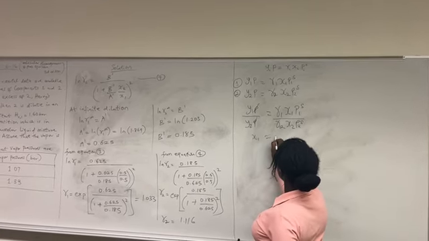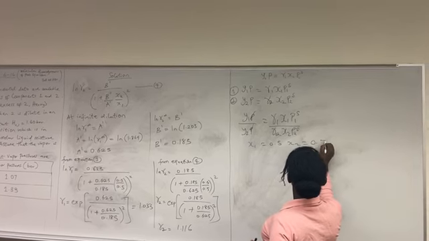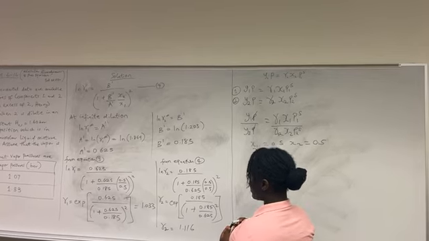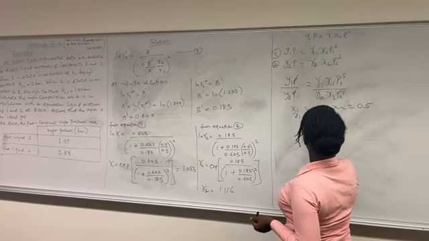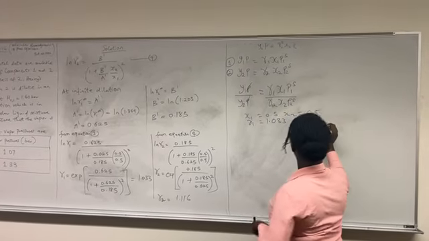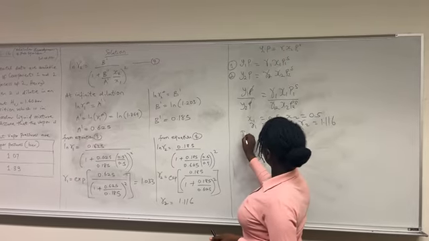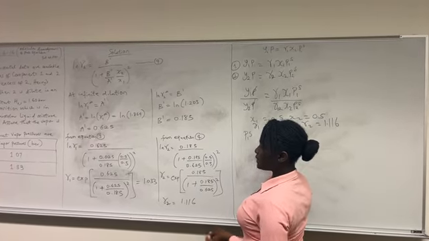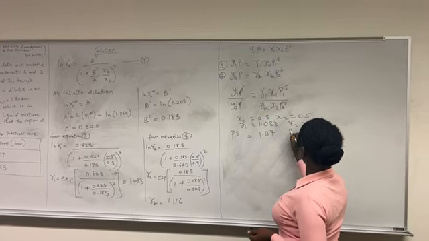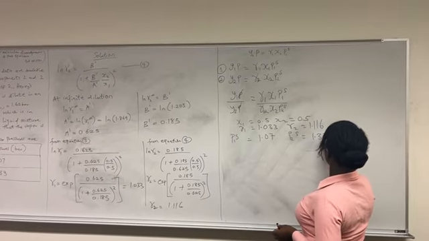Our X1 is 0.5, X2 is 0.5, our gamma 1 we had already as 1.033, then gamma 2 to be 1.116, then our P1 saturated is 1.07, then P2 saturated is 1.33.